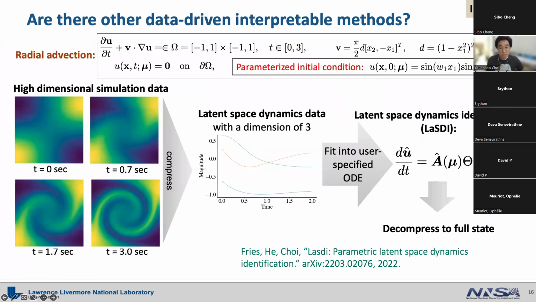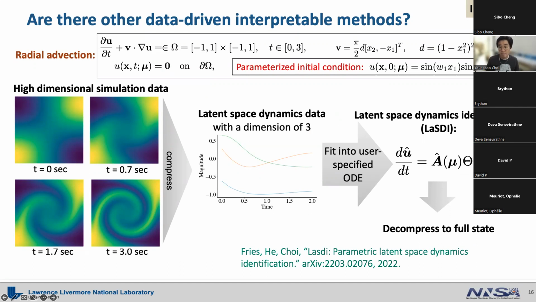All right, enough for the DMD stuff. Now I would like to ask the following question. Are there data-driven methods other than DMD which are interpretable? The answer is, of course, yes. Let's go back to the radial advection problem for DMD. After the compression of the high-dimensional simulation data to a lower dimensional latent space, we fit the reduced dimensional data to a linear ODE.